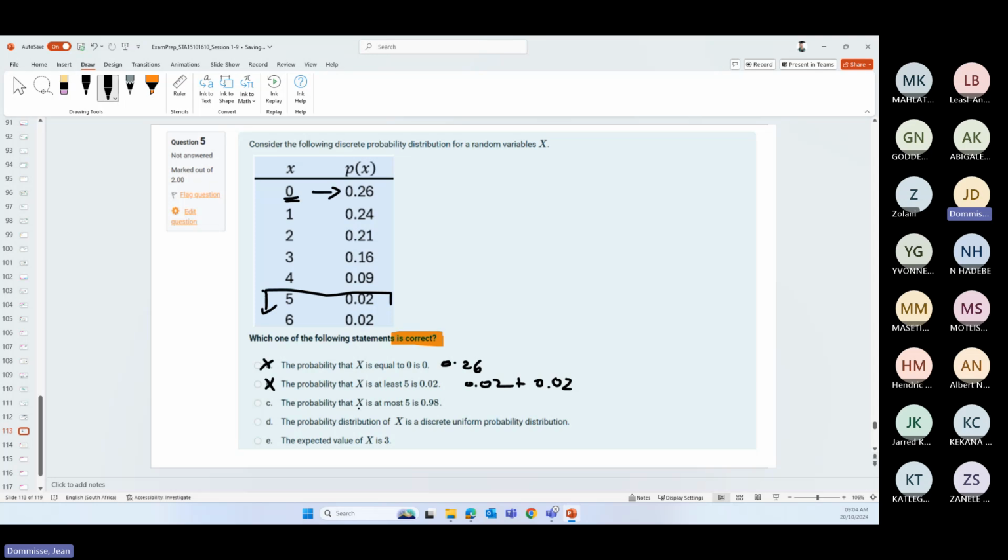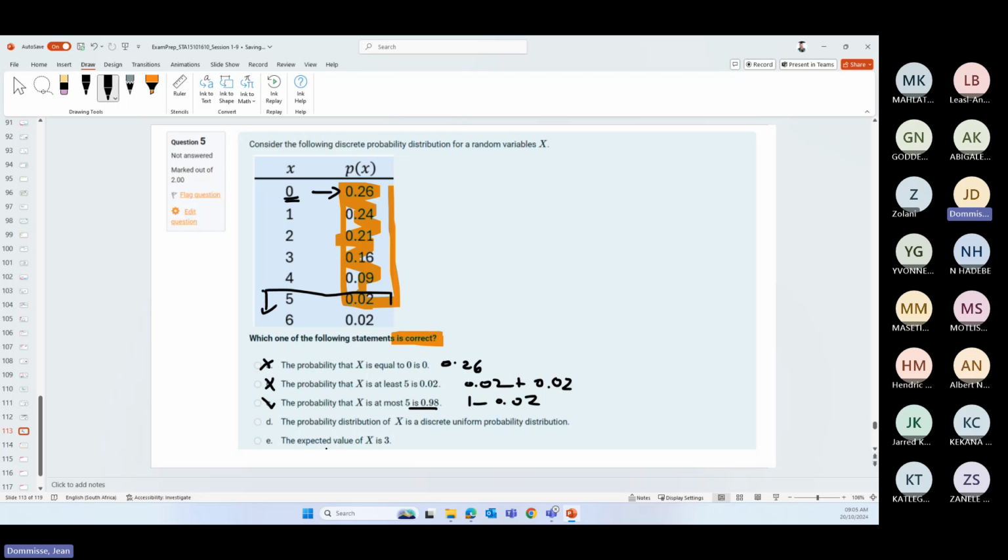The probability that x is at most, so no more than 5, so it can still include 5, so it's all of them. So if I look at that, it's basically 1 minus 0.02, which is 0.98. Okay, so then again, we did not need to go to the expected.